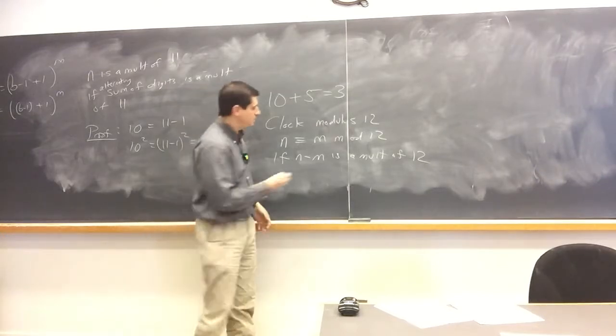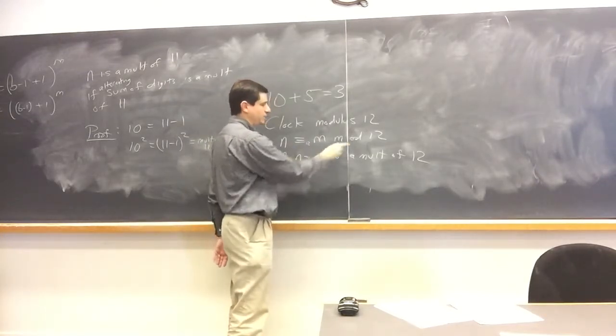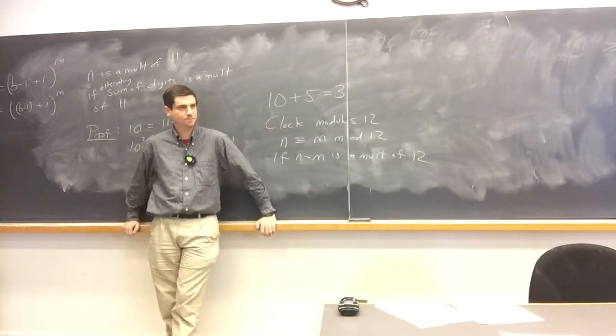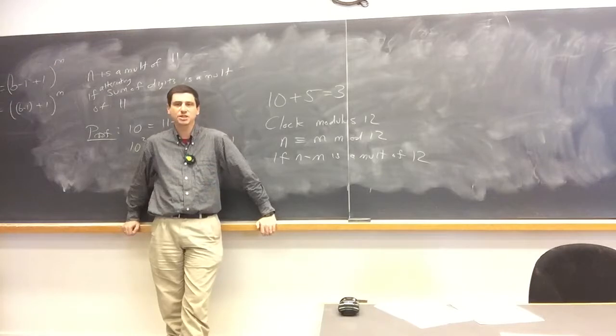Sometimes people might put a subscript 12 down here rather than writing the mod 12 over there to just tell you what the modulus is. For humanity, what do you think the most important modulus is? 10? Not really 10. Not 2.